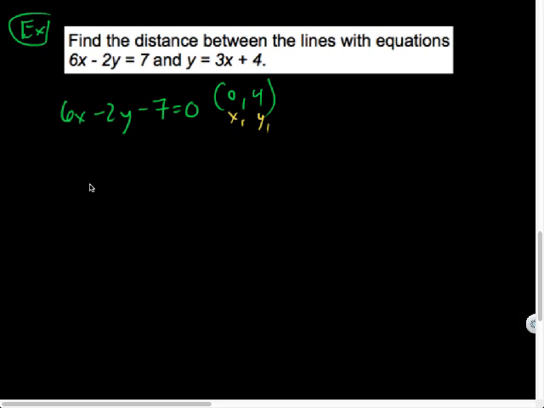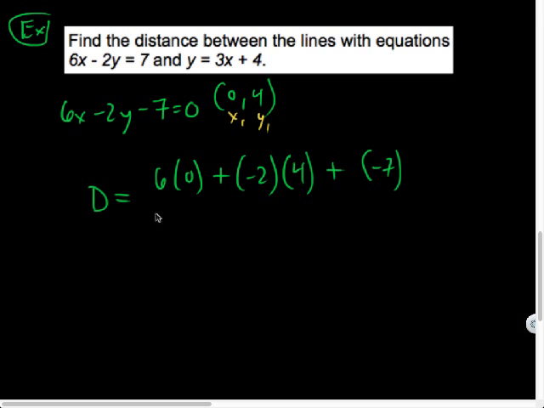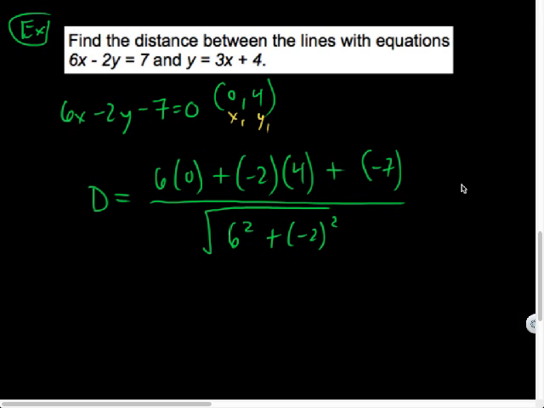My distance is going to be 6 times 0 plus negative 2 times y1, which is 4, plus c, which is negative 7, all over the square root. Is it positive or negative? Positive, because it's the opposite of the sign of c. And that is 6 squared plus negative 2 all squared.